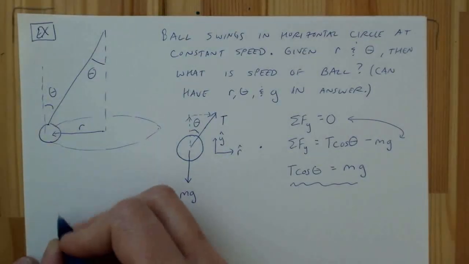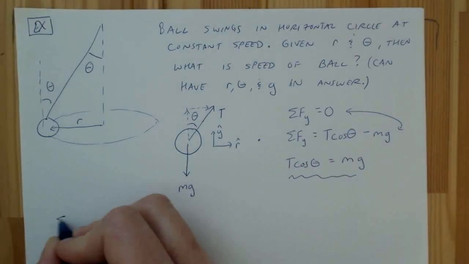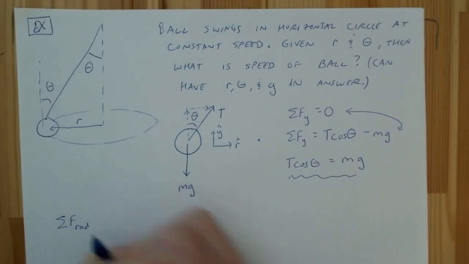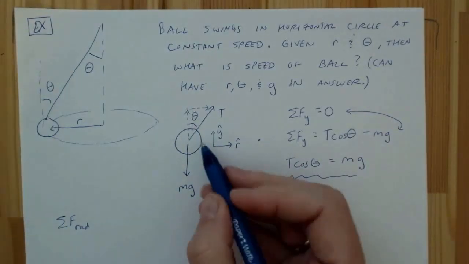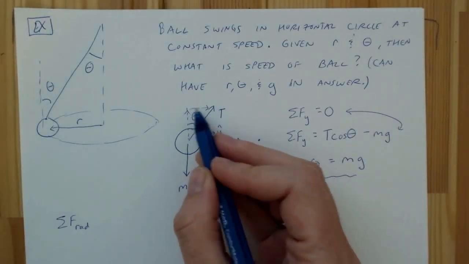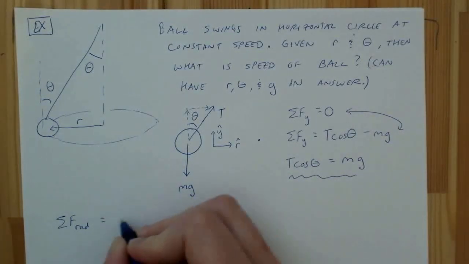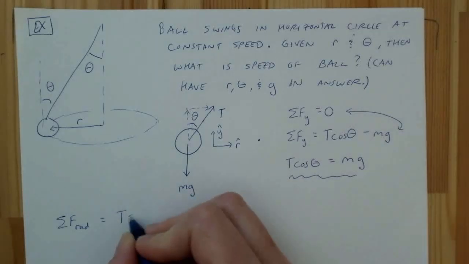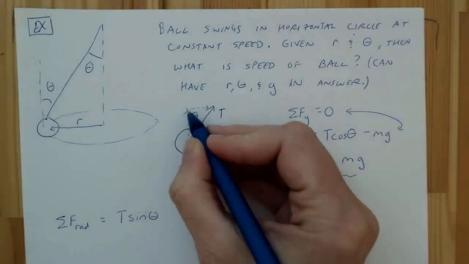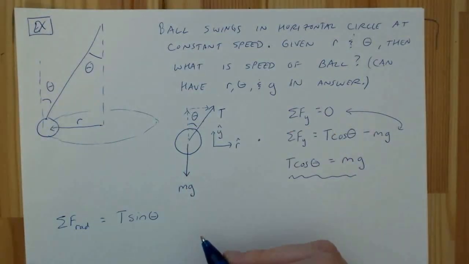Okay, so in the radial direction, we can write the sum of the forces in the radial direction. Well, we only have one force there, and it's going to be the horizontal component, this radial component of the tension. So the radial component of the tension is going to be equal to T times the sine of theta because it's, again, opposite of this angle theta.